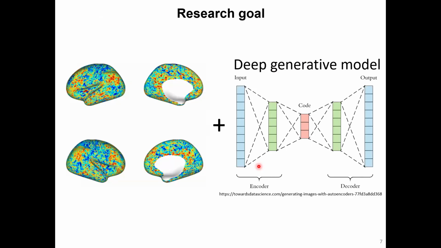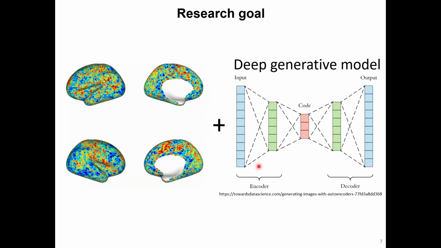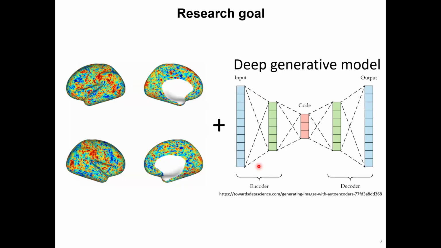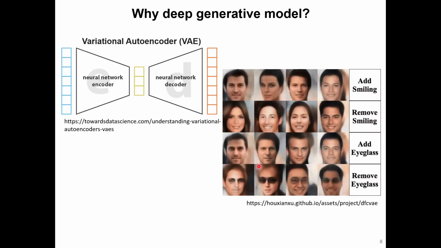So basically, my research idea starts from here: we want to build a generative model that can understand this non-linearity of the functional MRI. Then why do we care about the variational autoencoder or generative models? Among other methods, I focus on the variational autoencoder. This is because the VAE can extract some linear features, for example like smiling and eyeglasses, in a linear format, especially in the latent space.